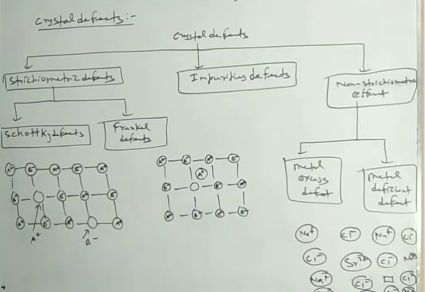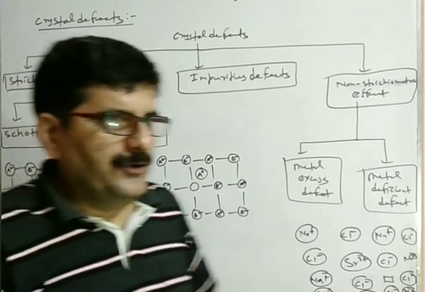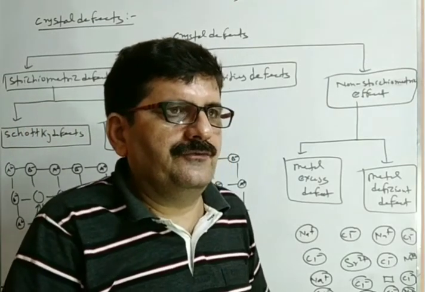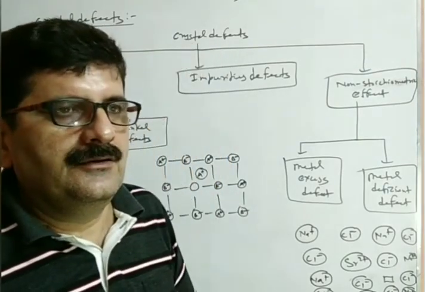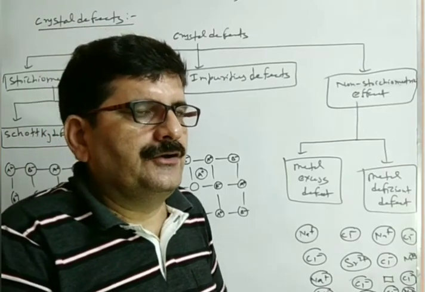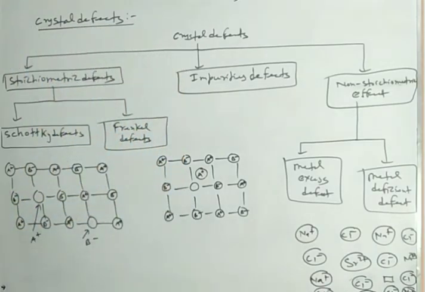In Schottky defect, an equal number of cations and anions are removed from the crystalline substance. That's why the density of the crystal system decreases. This defect is also known as vacancy defect.